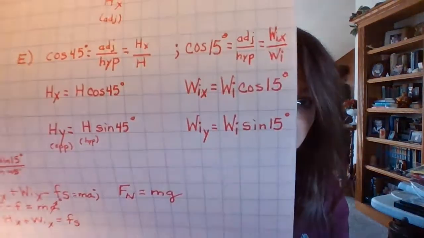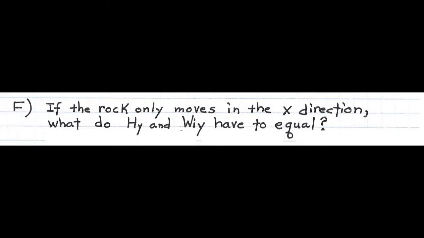So we just listed the trigonometry equations for Hy and Wy in the previous step. First, though, it said, if the rock moves only in the x direction, which was part of our problem, what do Hy and Wy have to equal?